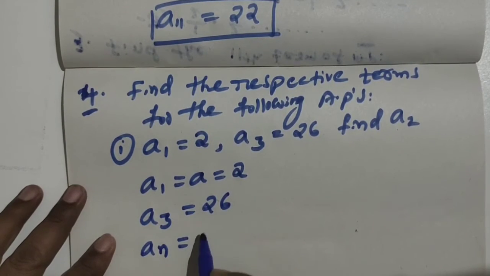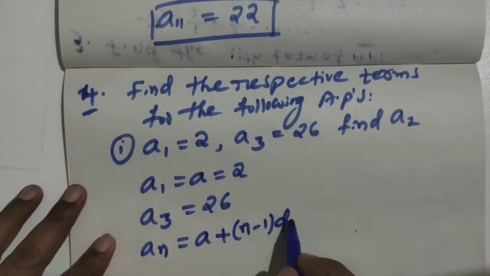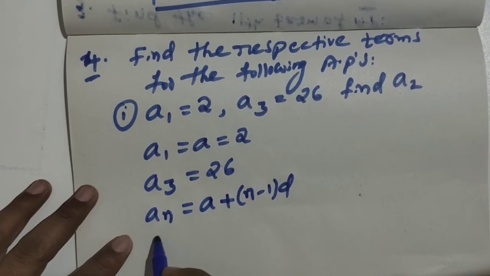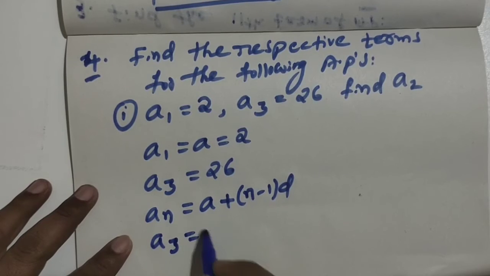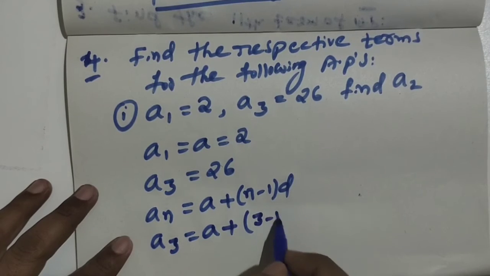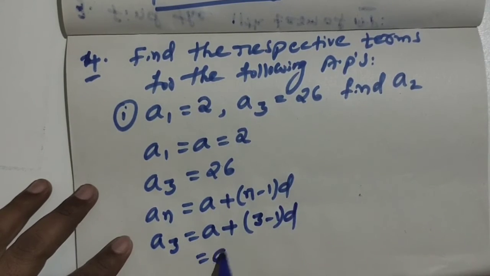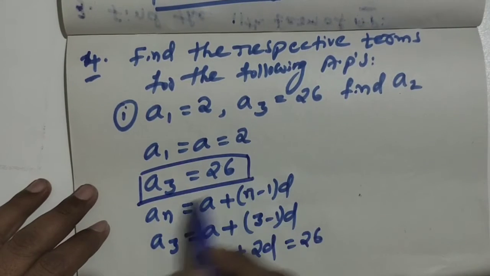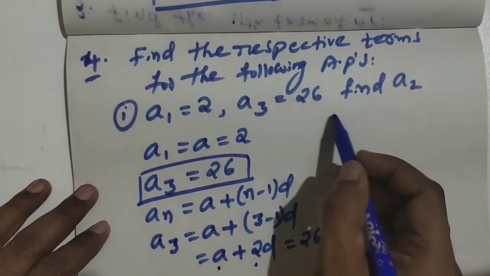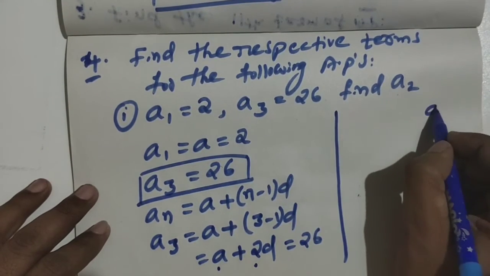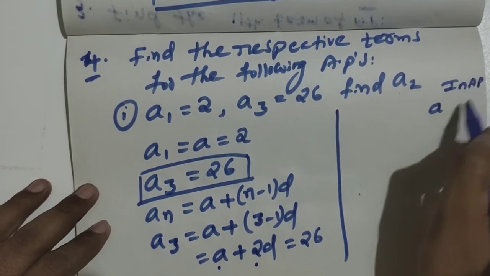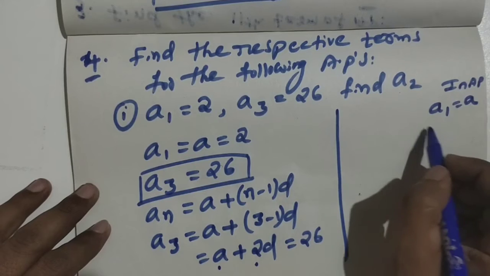Again we need the formula AN is equal to A plus N minus 1 into D. Here N is equal to 3, so A3 is A plus 3 minus 1 into D, which is A plus 2D, equated to 26. Directly by seeing A3 you can write A plus 2D. You have to practice this in AP: A1 is simply A.